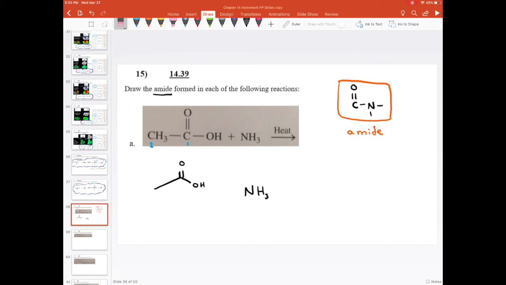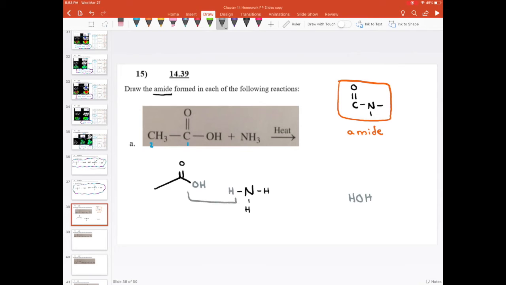What ends up happening here, let me draw these in different colors. And I'll actually draw these three hydrogens out. So what ends up happening here is the OH on the carboxylic acid and the H on the nitrogen end up leaving and forming water, HOH.